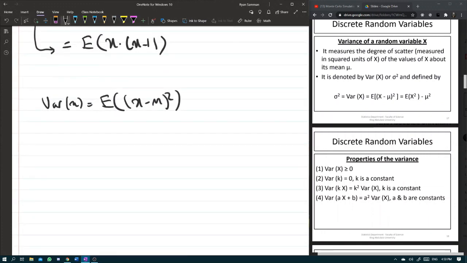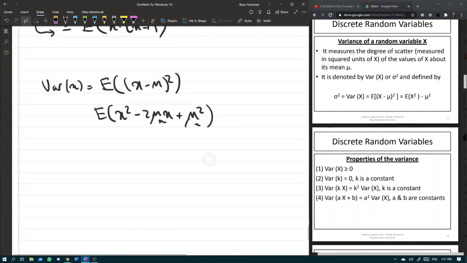Let's derive this one first, then let's look at the other formula. So we expand it: E of x squared minus 2mx plus m squared. Now m is the mean of x.